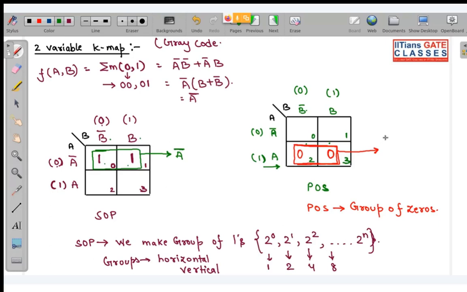And I have told you clearly that 1 corresponds to the non-complemented form in your POS. So I will write this as A complement. See, I have written A complement.